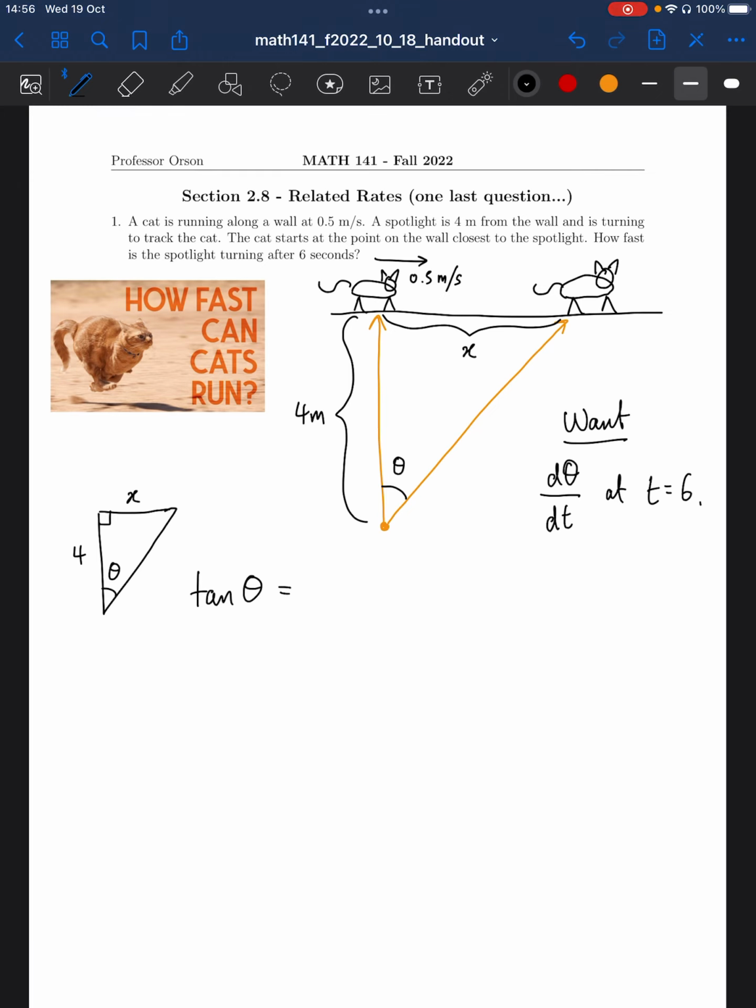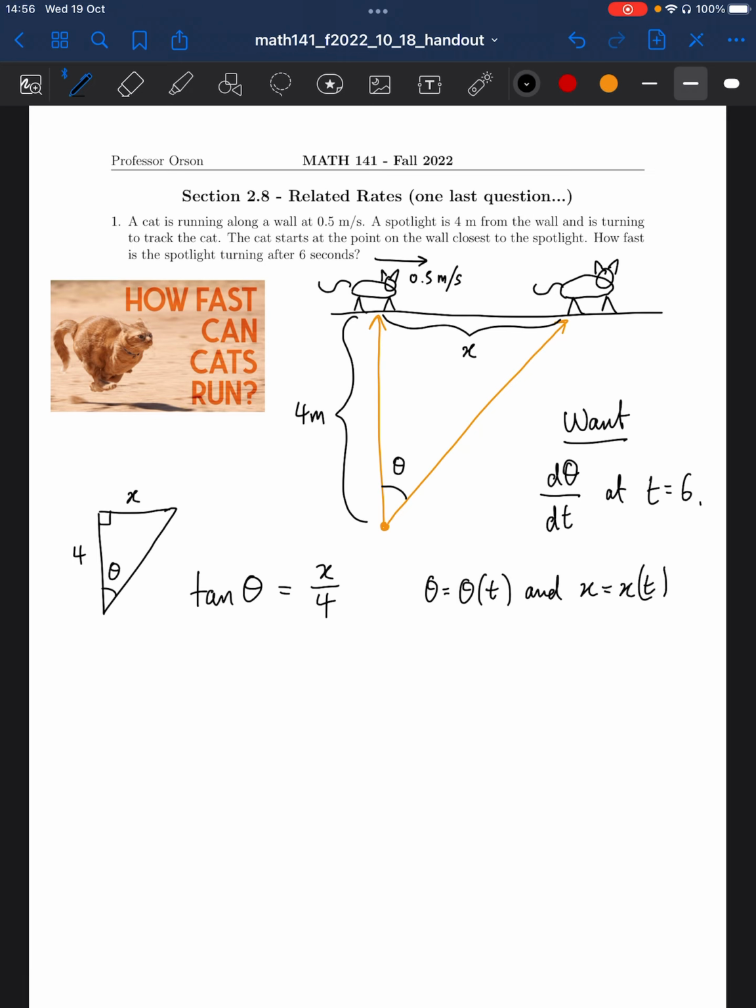So that's x over 4. Now I've got my formula, I should differentiate it. So remember, all the variables are actually variables of time. So really it's theta is theta of t, and x is x of t.